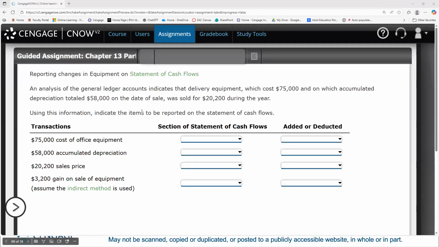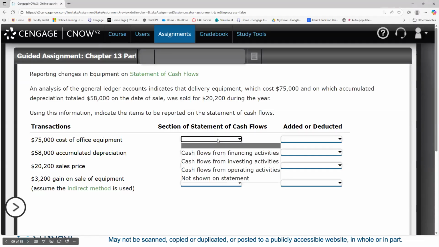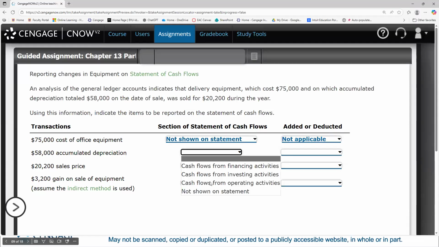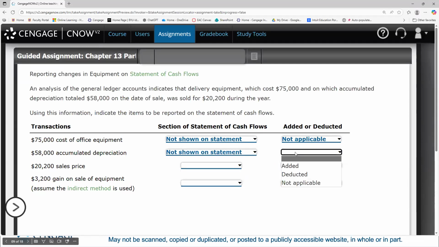It will get reported in our books because we'll credit the amount of that account for the amount we paid for it. But this is saying how much cash changed, what's being reported on the statement of cash flows. So what we paid for an asset is not showing up on the statement. And since it's not showing up, then added or deducted is not applicable. Accumulated depreciation does not show up on the statement of cash flows.